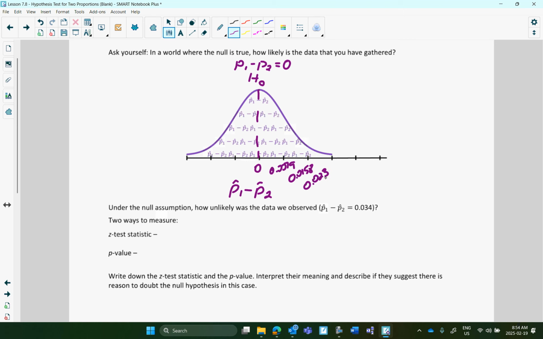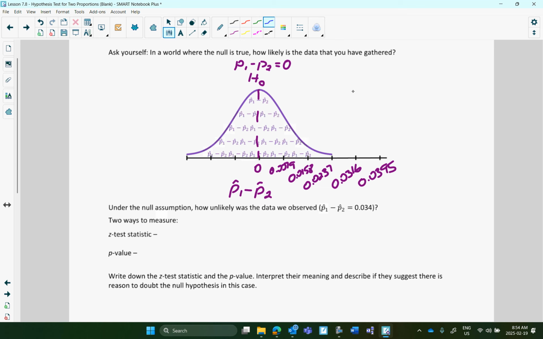But if I extend it and keep adding 0.0079s, I'm going to get 0.0316 and 0.0395. Remember, ours was 0.034.